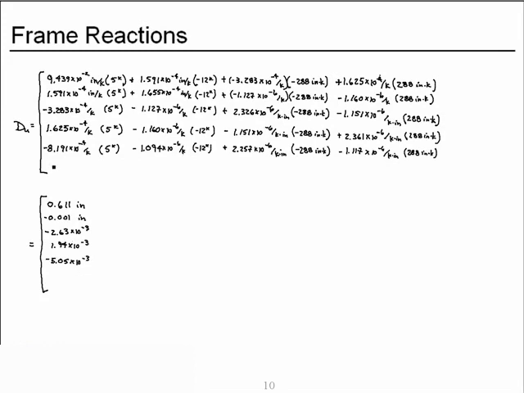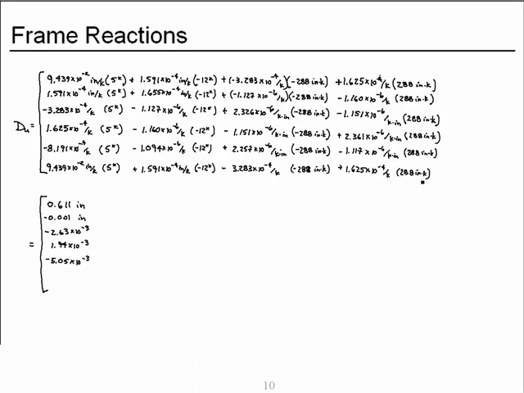And now our last unconstrained degree of freedom, 6, 9.439 times 10 to the minus 2 inch per kip times 5 kips plus 1.591 times 10 to the minus 4 inch per kip times the minus 12 kips minus 3.283 times 10 to the minus 4 per kip times the minus 288 inch kips plus 1.625 times 10 to the minus 4 per kip times 288 inch kips.